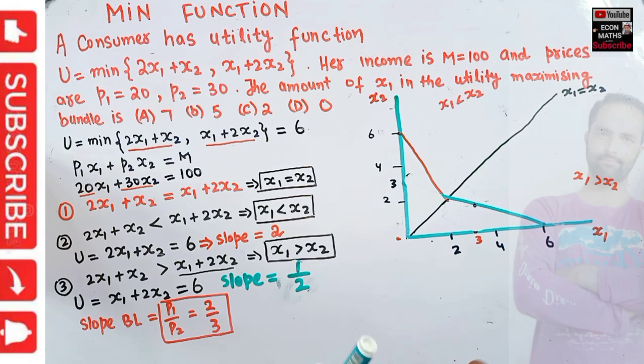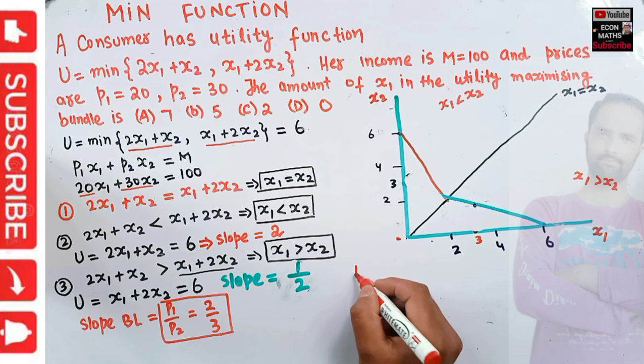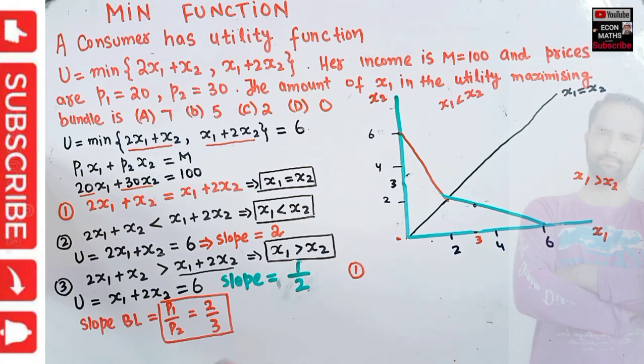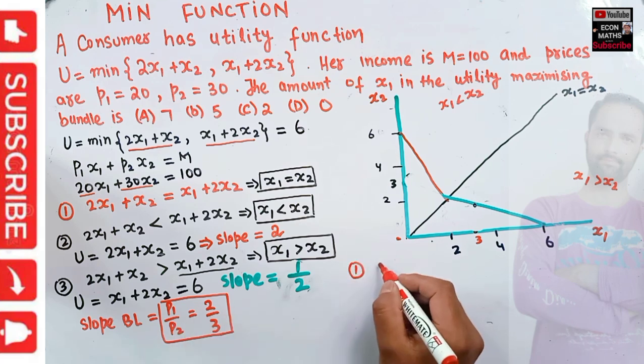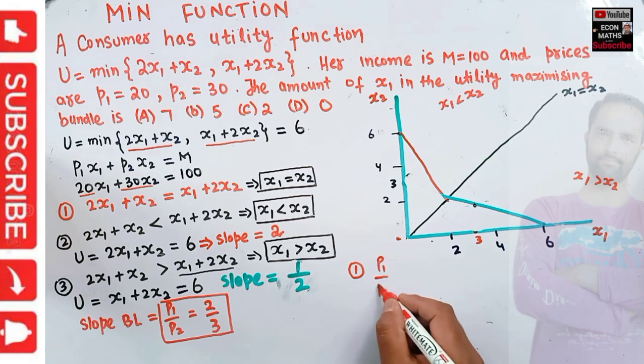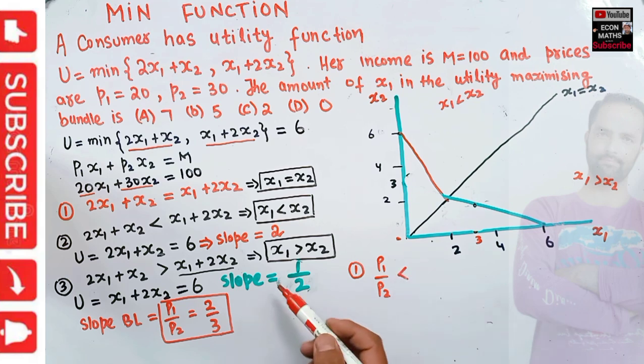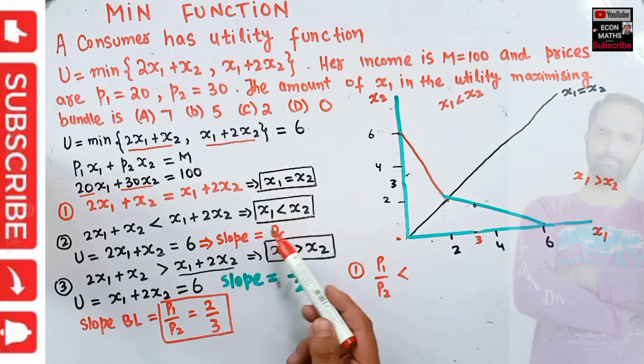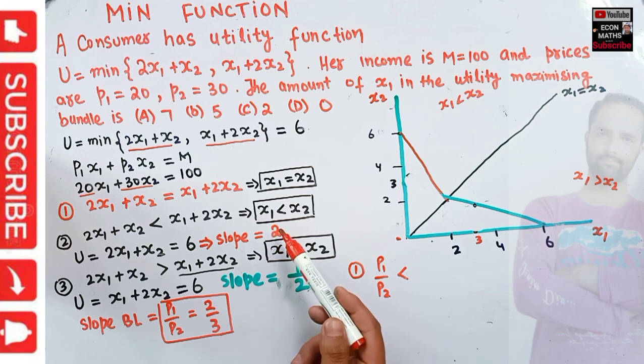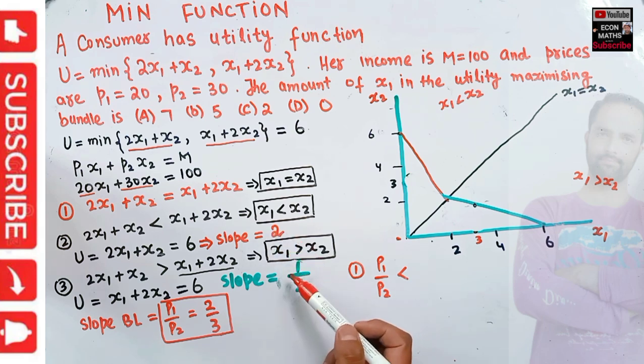There can be a number of cases. First case will be when p1 upon p2 is less than, we have 2 here, obviously then we have 1 upon 2 here.